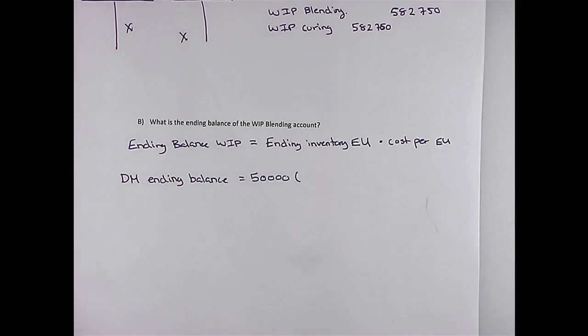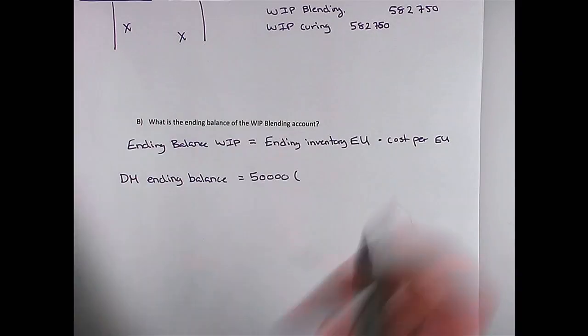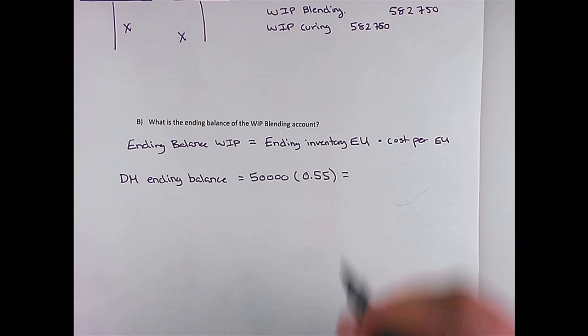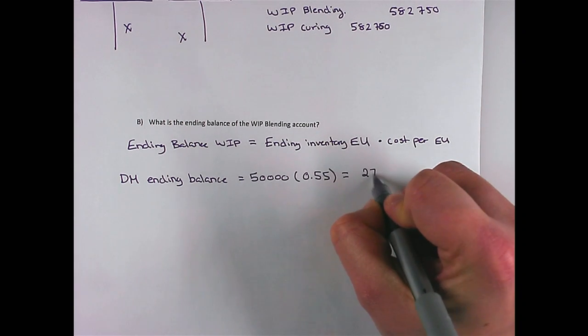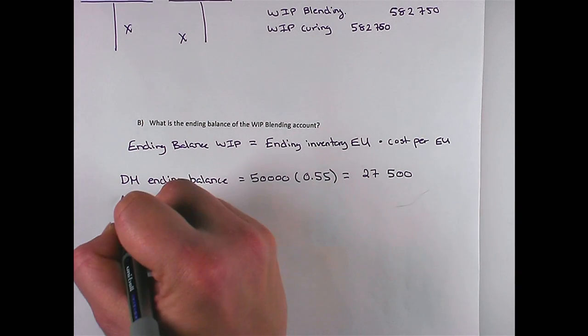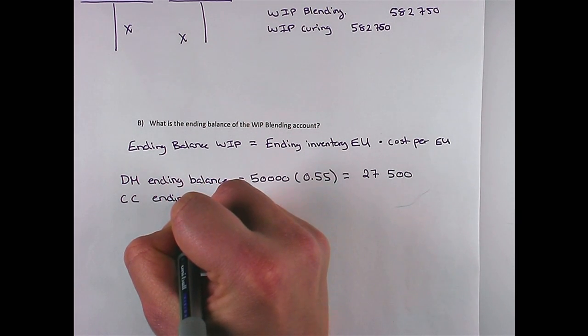And our cost per equivalent unit we found to be 55 cents. And so this is going to give us a value of 27,500.